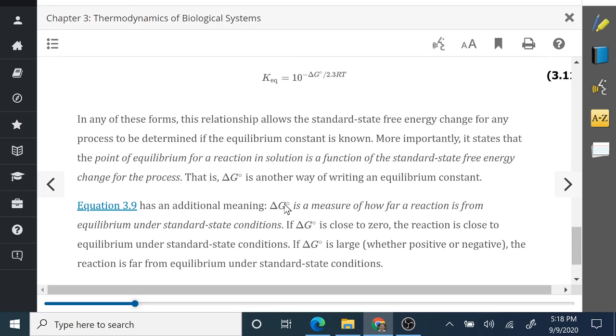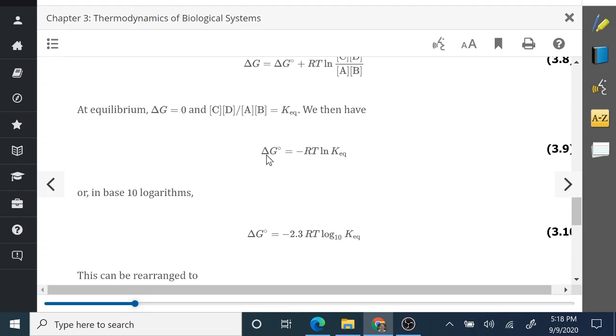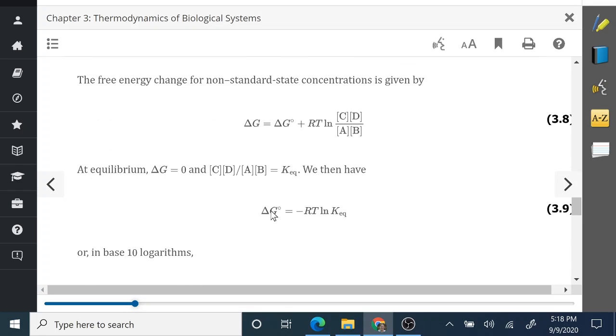So we can say that delta G naught, remember delta G naught is given by negative RT ln of KEQ. So the only thing that really changes here is possibly temperature and the ln of KEQ. So these values are dependent on temperature and pressure, okay, but delta G is also dependent on the concentrations of these reactants and products for each system, and those concentrations are going to be equal to KEQ at equilibrium.